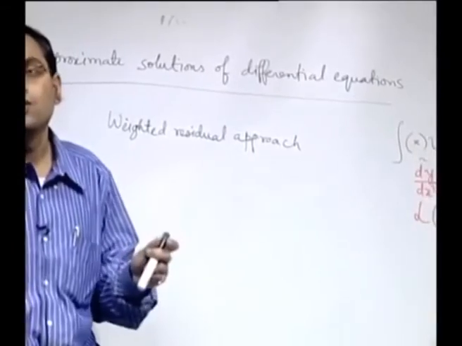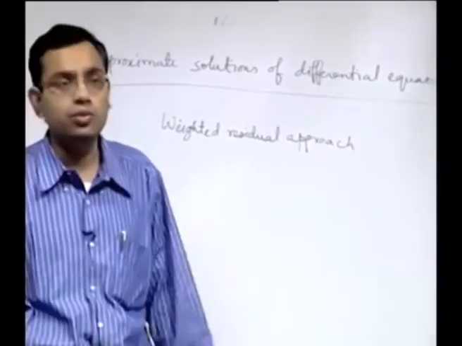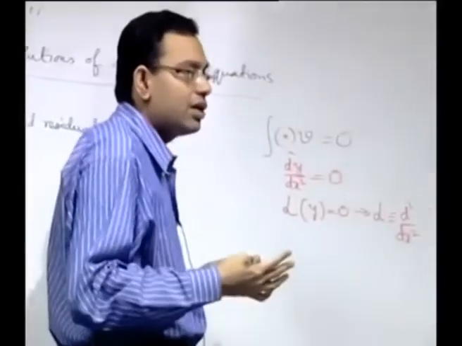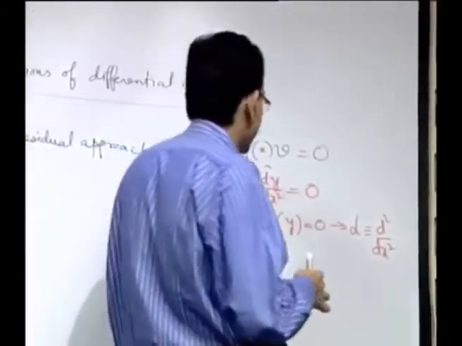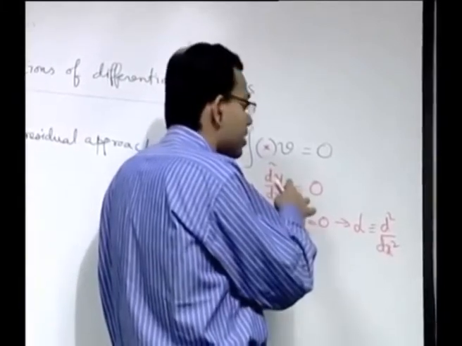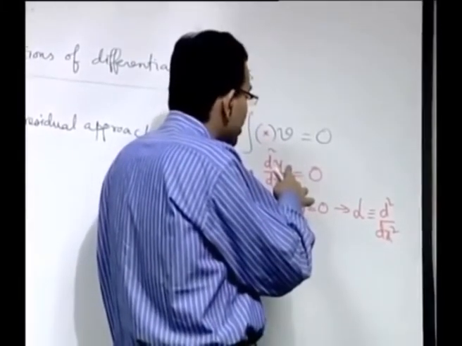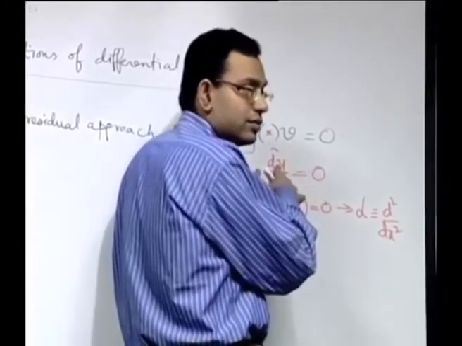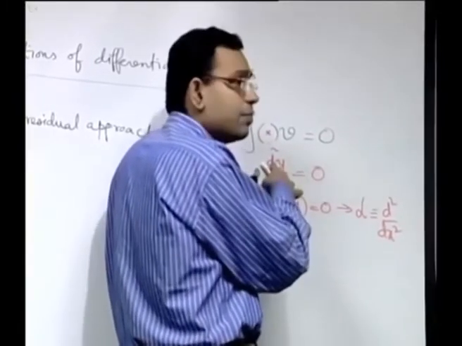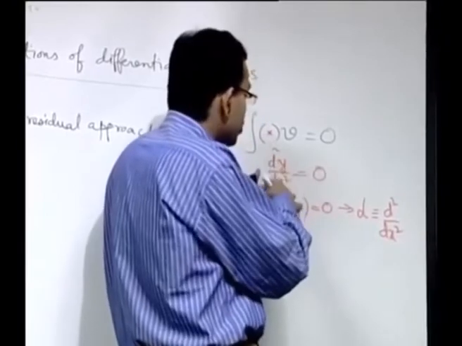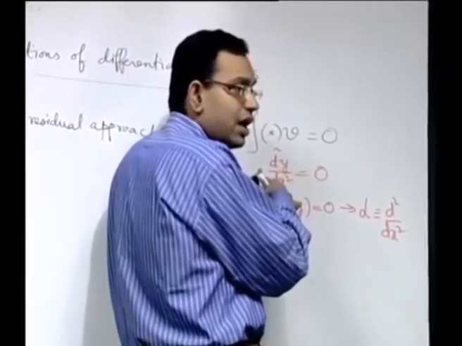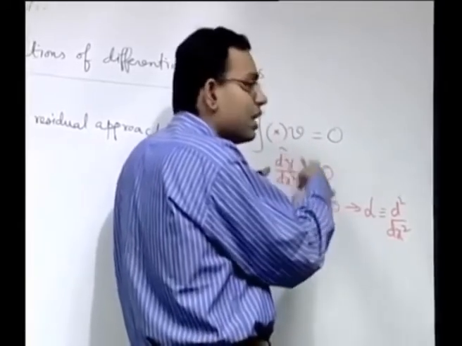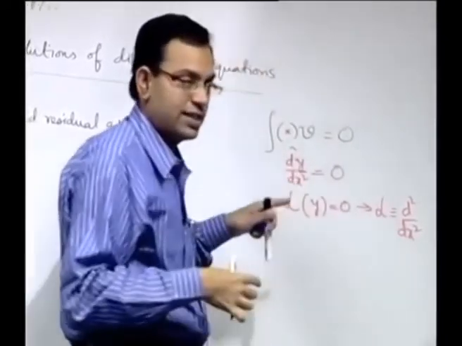Because we know how to easily solve algebraic equations, and in fact one can use numerical tools for solving them. So to get an algebraic form, we can substitute y as an approximate polynomial. If you substitute y as an approximate polynomial, then d2y/dx2 will be another polynomial, which is the approximate polynomial differentiated twice with respect to x.